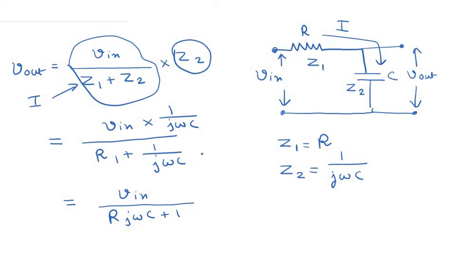Okay, now if we consider the magnitude of V out, from the last page we can write V out divided by V in as 1 by R j omega C plus 1.